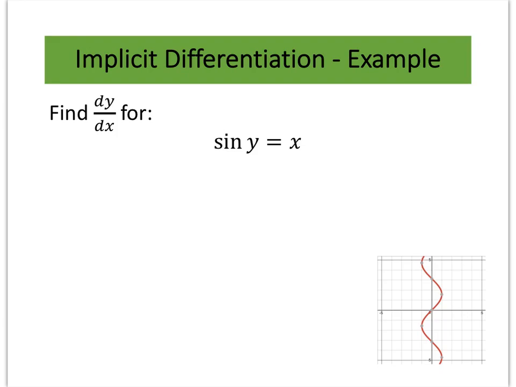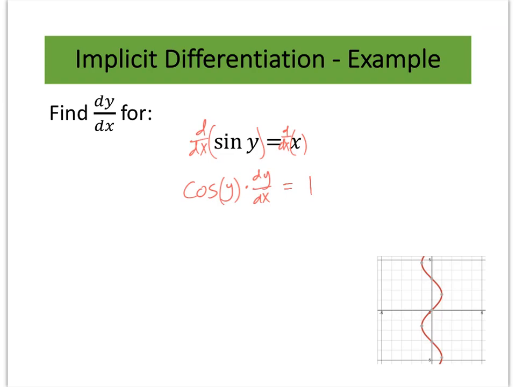This is a sine function, and so implicit differentiation also works for trigonometric functions. All it really is, if I'm taking the derivative of a function with respect to y, it's just the chain rule disguised as a non-chain rule function. So the derivative of sine y is cosine of y times the derivative of the inside, which is dy/dx, and the derivative of x is 1.